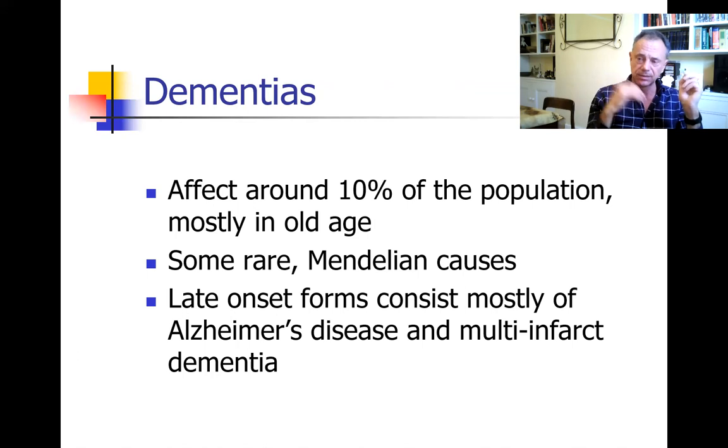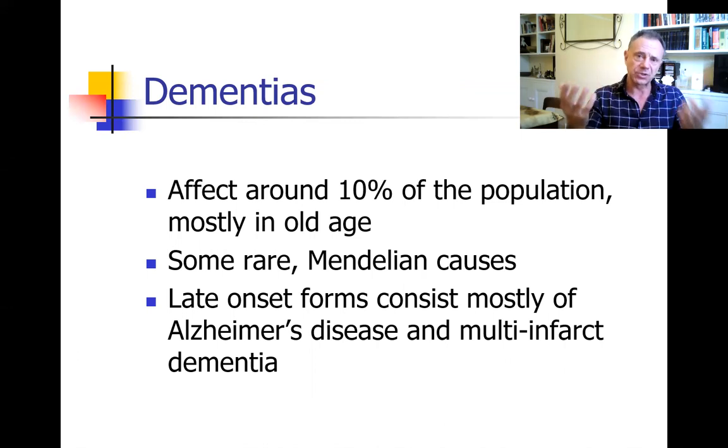Sometimes people might say mini strokes, but it's like atherosclerosis, like coronary heart disease. You get blockage of blood vessels, and then the brain cells are starved of oxygen and nutrients, don't work and die.